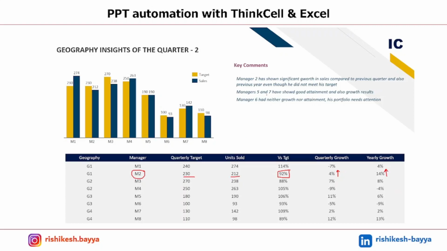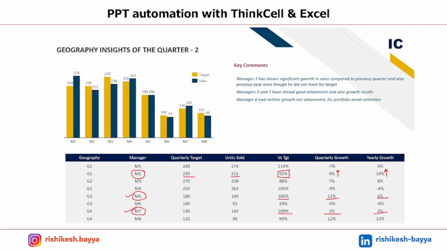So this is the first comment. And the second comment says that managers 5 and also 7 have showed, okay, forget the spelling here, good attainment and also the growth results. So this basically is saying that all the three KPIs are positive. All of them are positive. So these are good guys, basically.